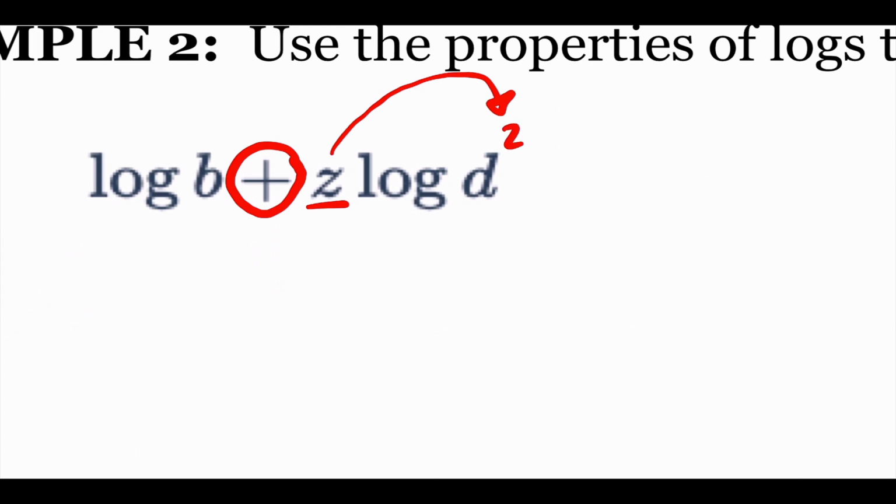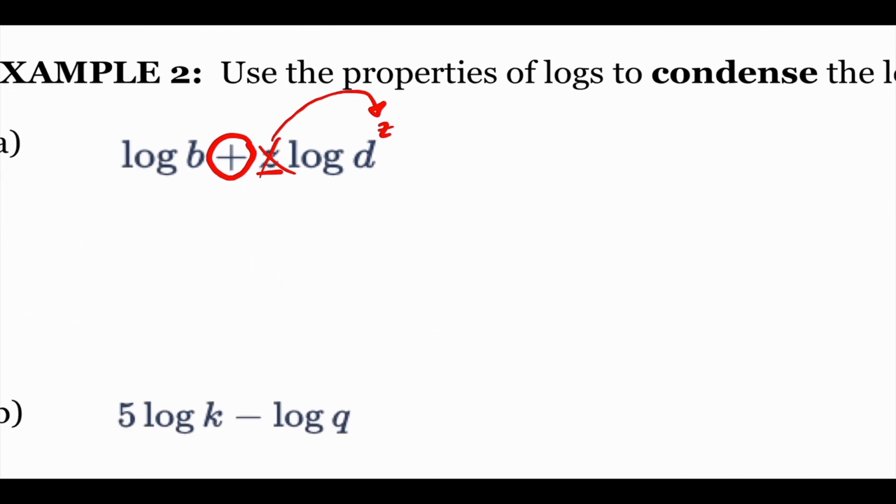It's a power. So I'm going to rewrite it. Log B plus log D with a power of Z. We move the power back to where the D was.